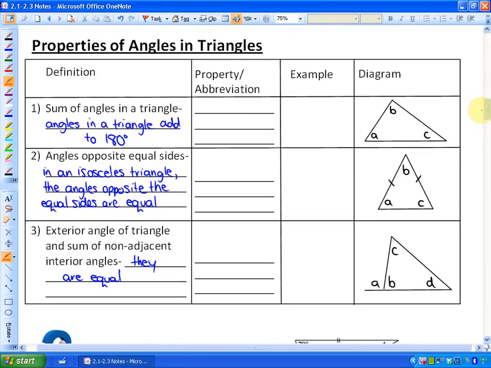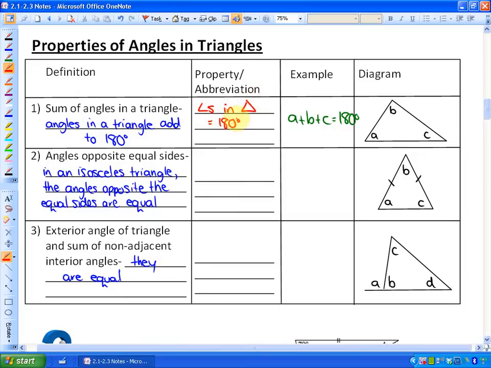Three definitions. One is that the sum of the angles in a triangle, so we know that the angles in a triangle add to 180 degrees. So if you look at this triangle, angle A plus angle B plus angle C add up to 180 degrees. And the abbreviation we're going to use is that angles in a triangle equal 180 degrees.